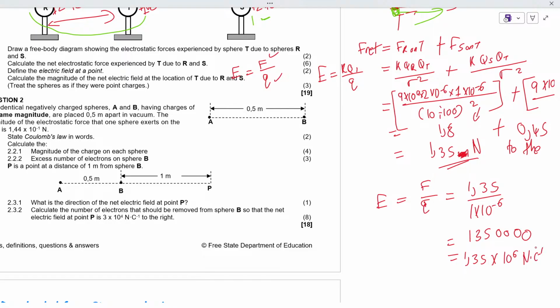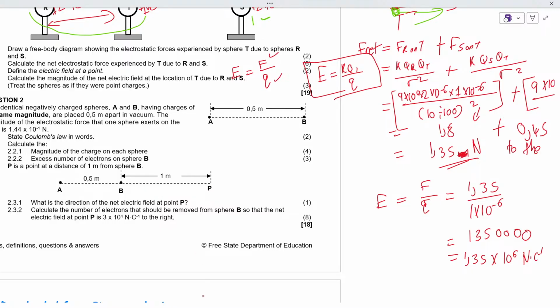Okay, so now let's see if we can use this equation. If we use that equation, we have this charge here, which is the very same charge. Can we use that charge?